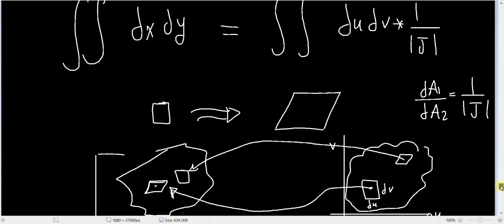So what I'm doing right here is that I am partitioning this new area into very small rectangles in the UV space, and then for every very small rectangle I am multiplying this area by this Jacobian right here, or by 1 over the Jacobian determinant, to get the area of the corresponding parallelogram in the original XY space. And it really doesn't matter what space is rectangular and what space is parallelogramic, as long as we cover the whole areas by our summation of very small areas.